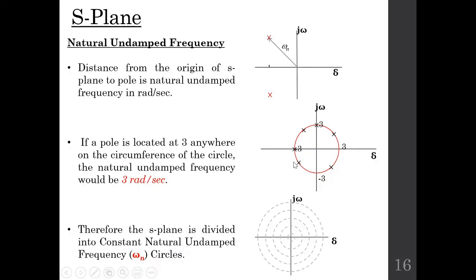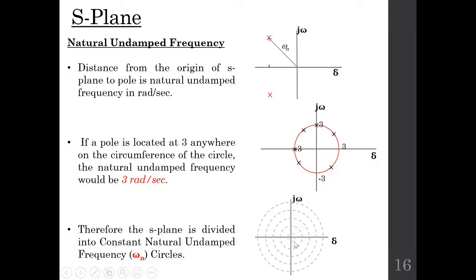Even if you are talking about this pole, to find the undamped natural frequency you just have to draw a line from 0 to this point, and that will be your natural frequency. Based on this, we can say the S-plane is divided into constant natural undamped frequency circles.